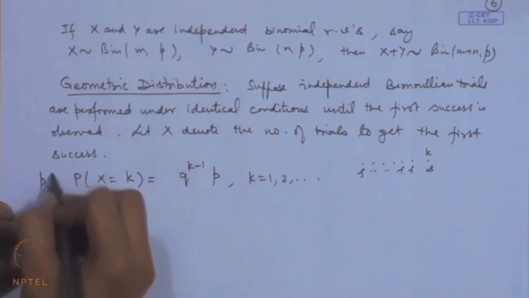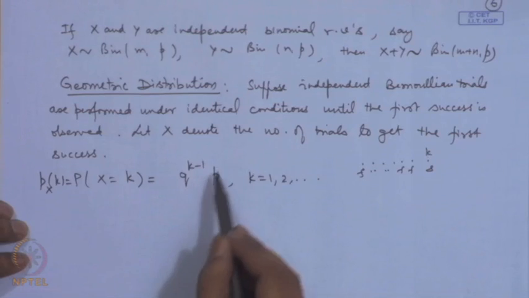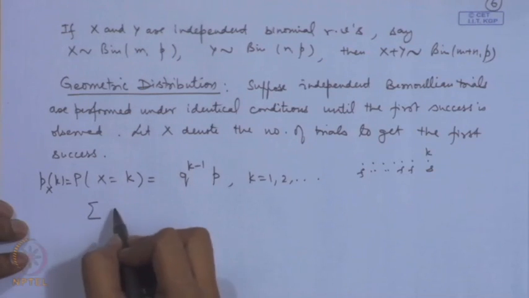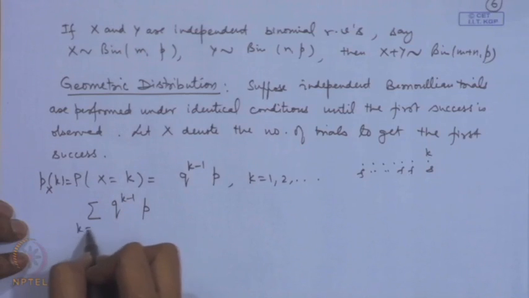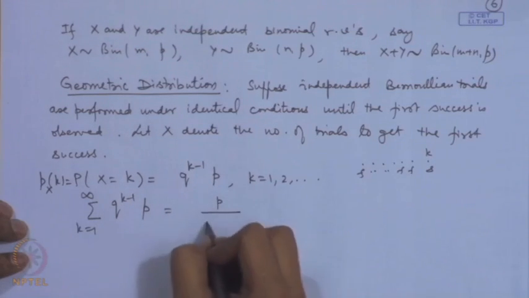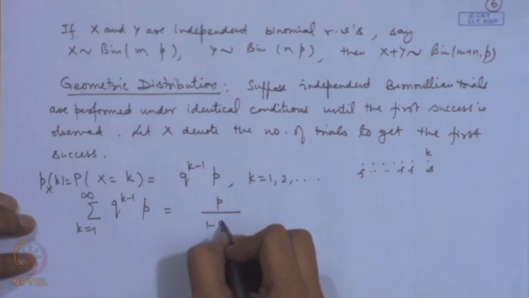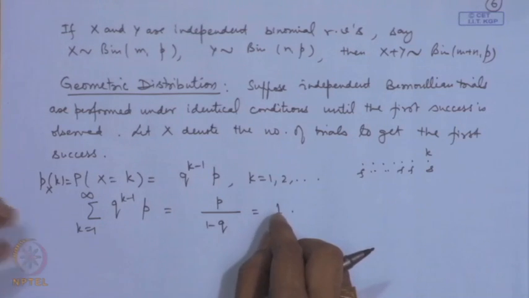So, this is the probability mass function of this distribution. This is known as the geometric distribution. The reason is that if I consider the sum of q to the power k minus 1 p for k equal to 1 to infinity, this is nothing but the infinite geometric series that is equal to p by (1 minus q), that is p by p, that is equal to 1.